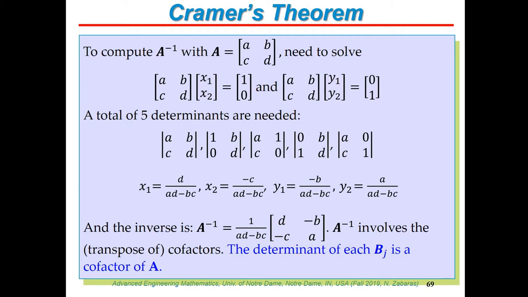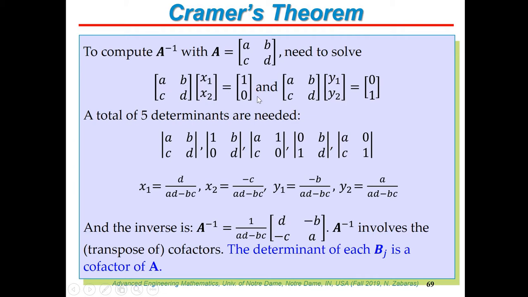Let's concentrate on the problem of A multiplying the first column of A inverse to give you the vector 1, 0. Okay, this is the problem that I have written here. A multiplies x1, x2 to give you the vector 1, 0, and similarly A multiplies the second column of the A inverse to give you the vector 0, 1.